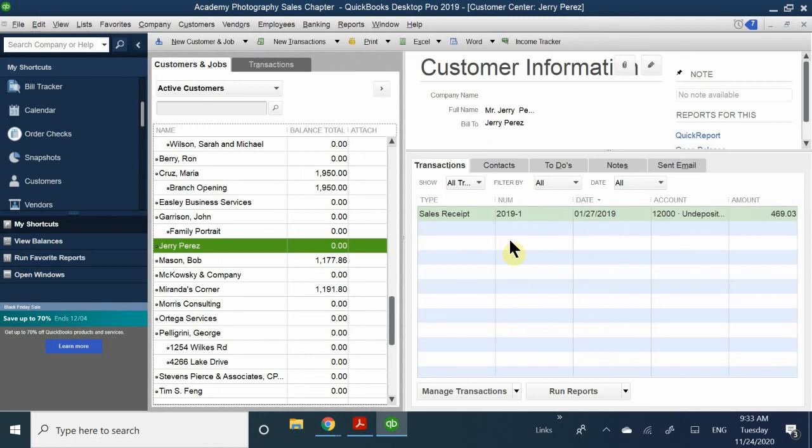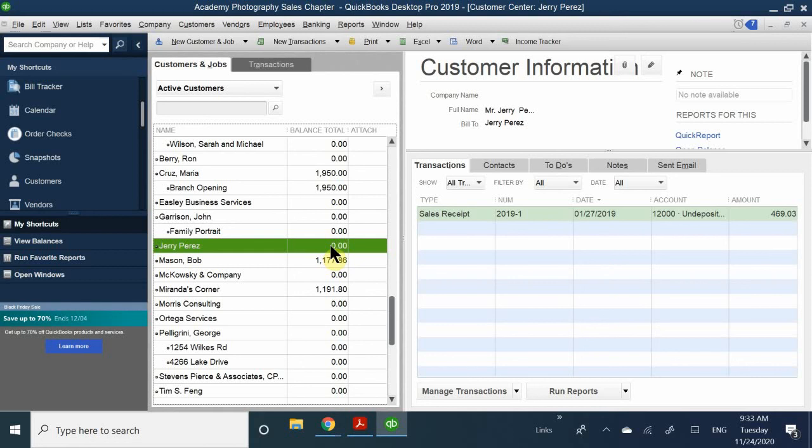Go ahead. When you click Jerry Perez there, it shows balance total 0, whereas some of the rest have balances. Is that when you input only when they pay? Mr. Jerry Perez paid us with a check.